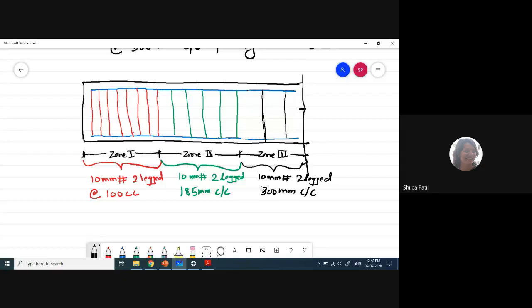You also need to mention the length of these zones. So this is 1 meter. This is also 1 meter, and this is also 1 meter. So entire 3 meter you have divided into 3 zones. And the details of the reinforcement also, that you have provided 10 mm diameter, two-legged, and the spacing. Okay, so the diagram is important.